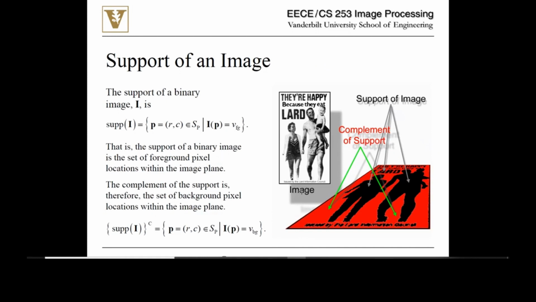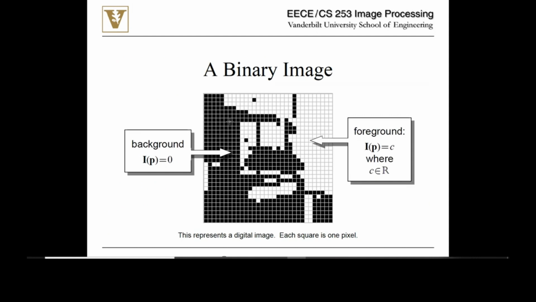And we may define another set that is the support. The support is the set of locations. It is not the set of pixels. It is the set of locations where the intensity takes the foreground value. So it is the set of locations that have a value 255.